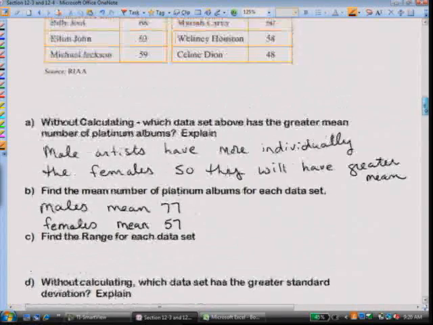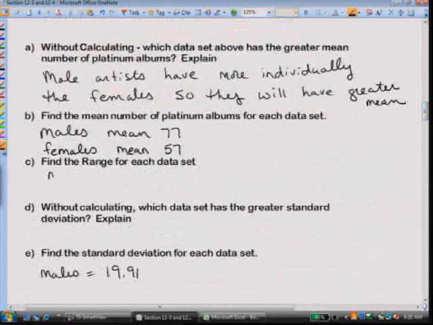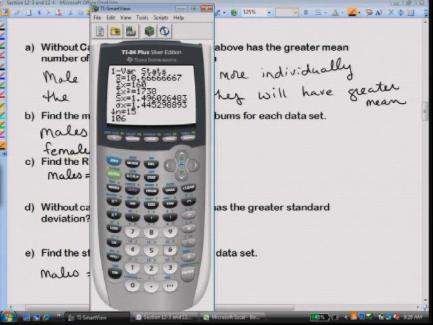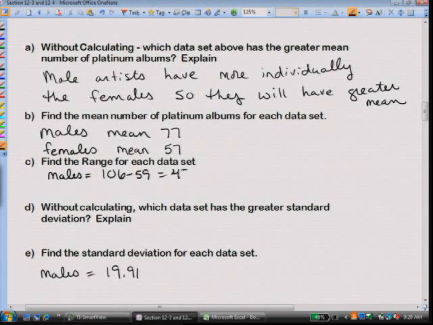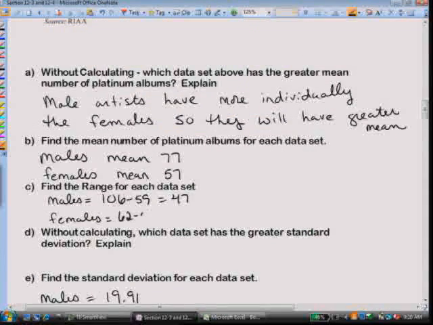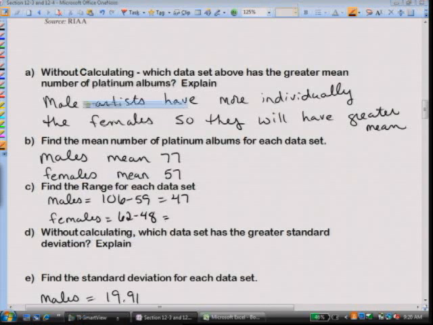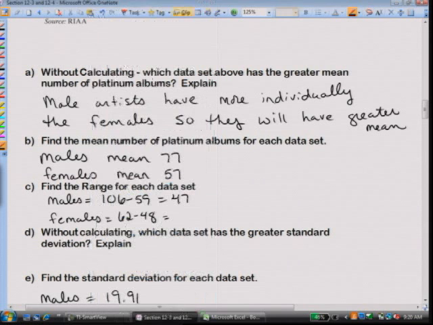Those are my means. My range for the males is 106 minus 59, which is 47. And for the females, the range is 62 minus 48, which is 14.